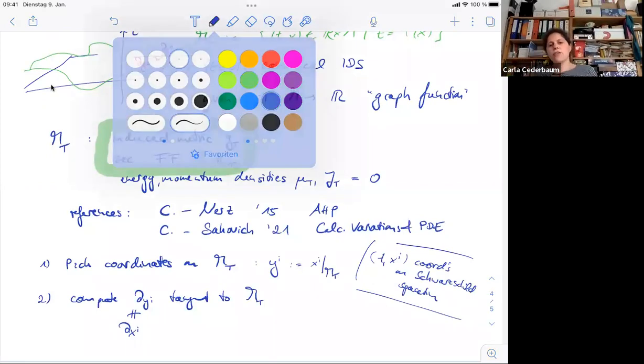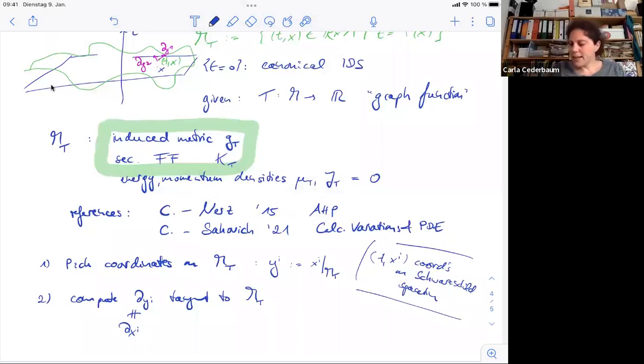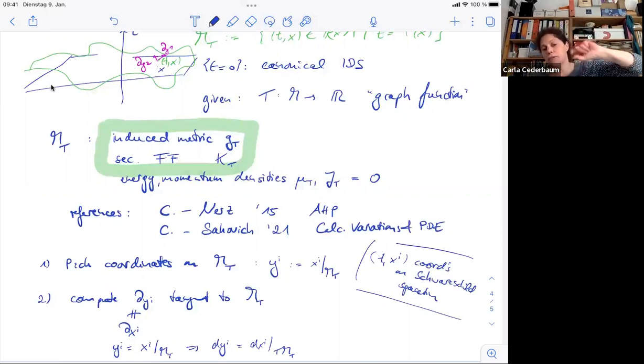Okay, so what you do is you say, okay, y^i is x^i restricted to M_t, and as a consequence, dy^i is going to be dx^i restricted to the tangent space of M_t. And then the partial y^i's are the dual frame to the dy^i's.